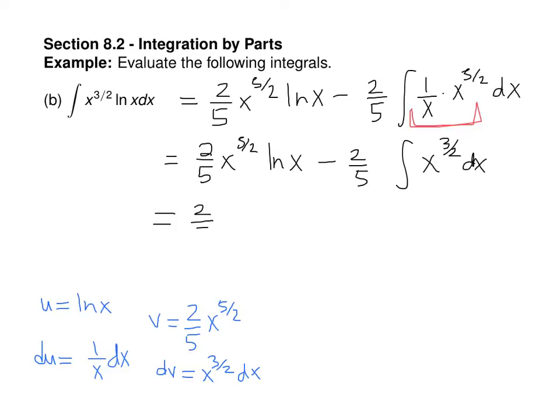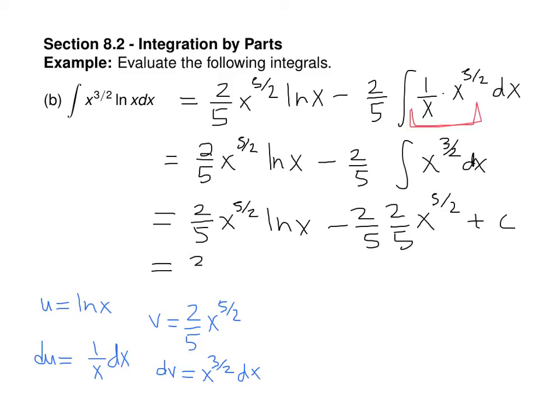So 2/5 x to the 5/2 times ln x minus 2/5 times x to the 5/2 with another coefficient of 2/5 plus c. So your final answer is 2/5 x to the 5/2 ln x minus 4/25 x to the 5/2 plus c.